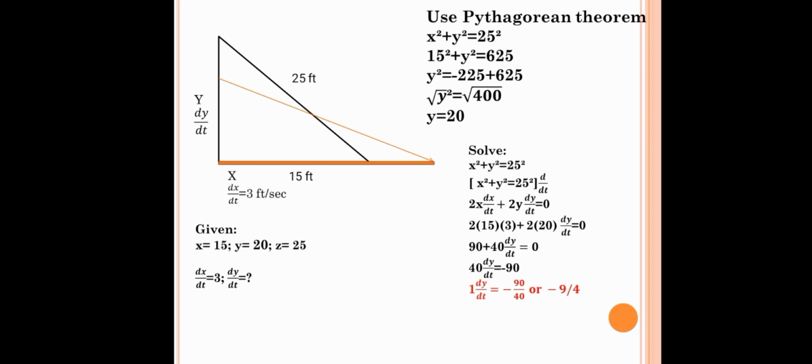It is negative because the distance between this point and the ground is decreasing. So when this ladder is moving down, its distance is approaching 0.